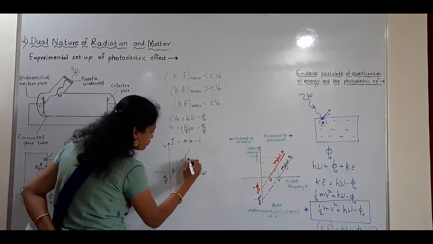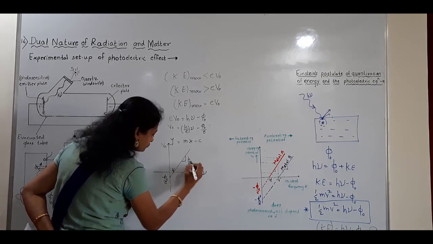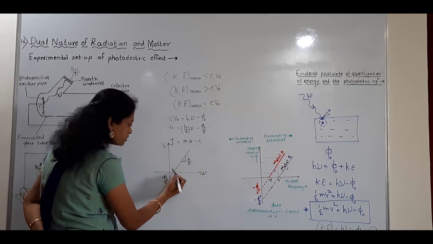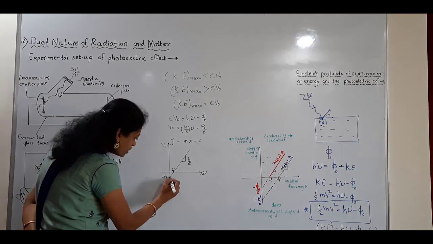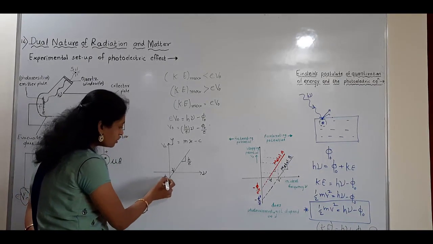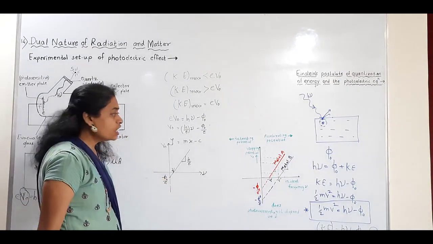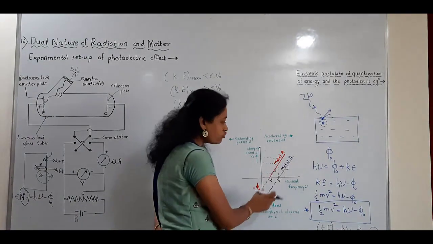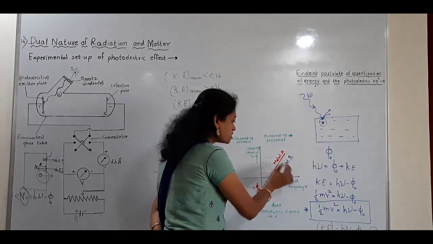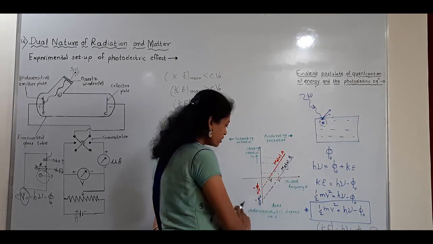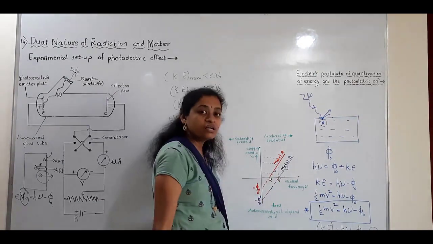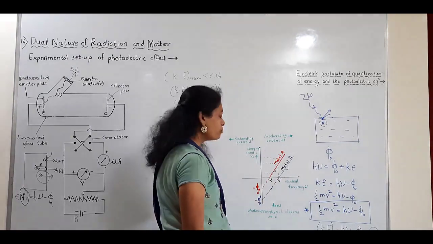The slope of this graph is h upon e. If we compare this graph for two metals, the slope is the same, but the threshold frequency and phi 0 upon e are different for different materials.